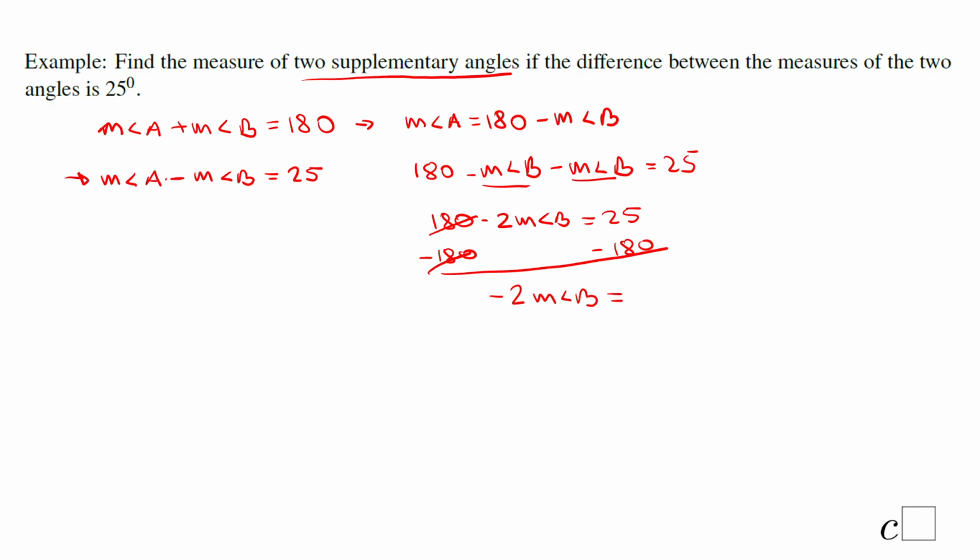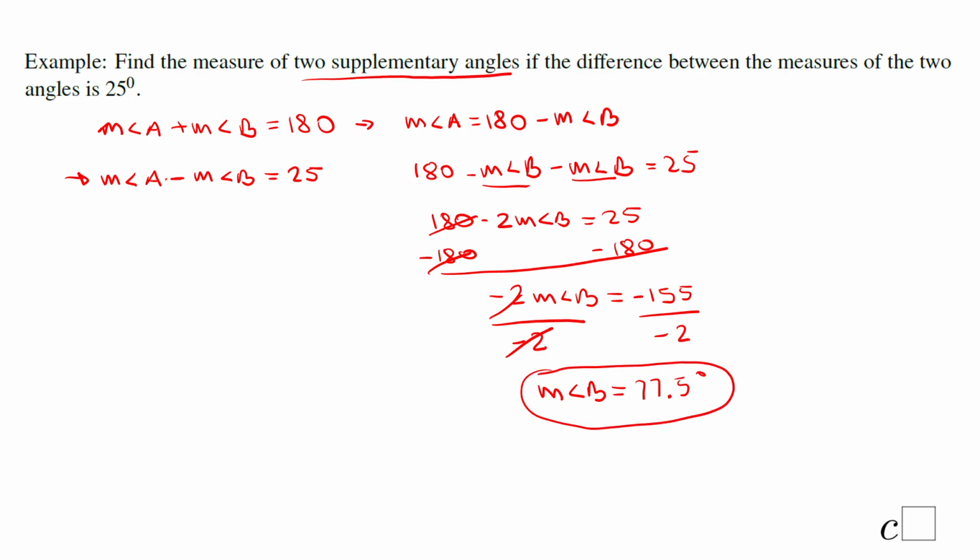And I have 2 times the measure of angle B. And you should expect to get a negative value here on the right side. So 25 minus 180 will be negative 155. And we're going to divide by negative 2 here. And we have the measure of angle B equal to negative 155 divided by negative 2, 77.5 degrees.